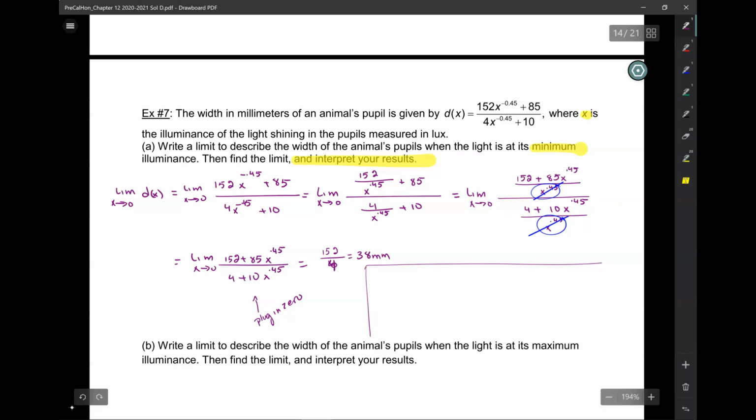So as the light reaches a minimum of 0, the pupil will dilate to a width of 38 millimeters.